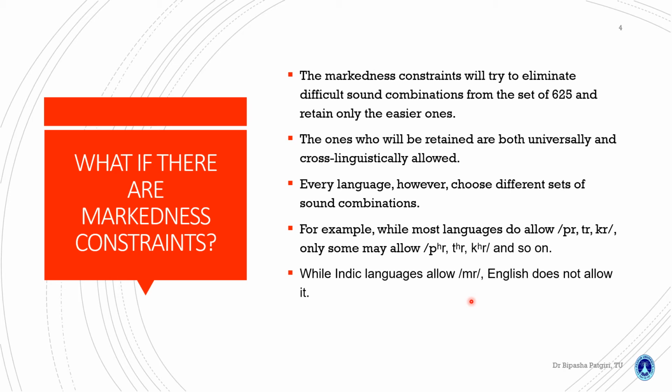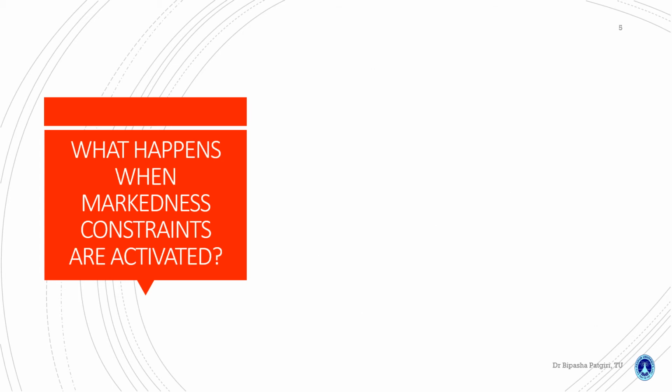But English-like languages, Romance languages of the same language family, i.e. Indo-European, English and most of the languages of that branch do not allow mra. So a word or a syllable cannot begin with this particular consonant cluster. Therefore, the phonotactics of a language is language specific.